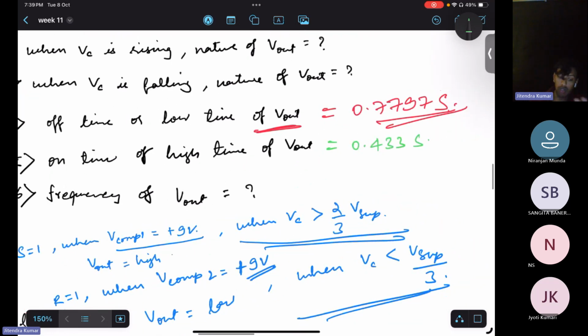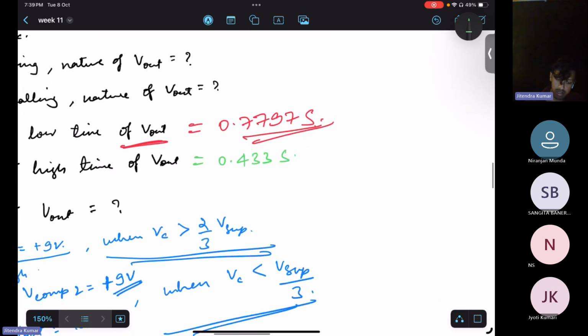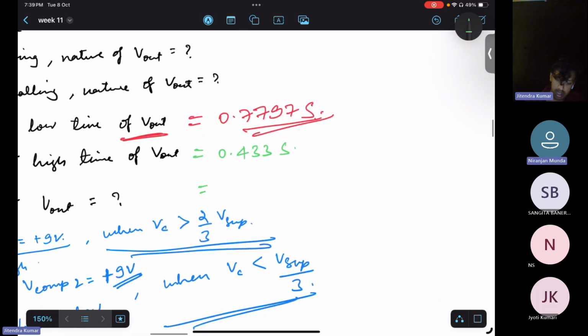So if we know off and on time, can we calculate the frequency of the output voltage? Please let me know the value of the output voltage frequency. Yes, we add both and take the reciprocal, so 1 by T on plus T off, 1 by 0.433 plus 0.779.